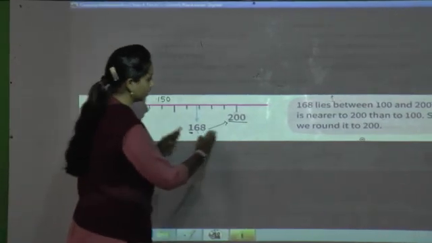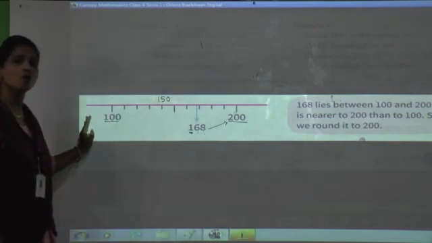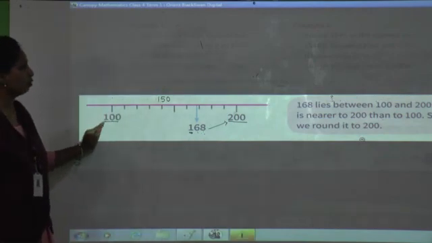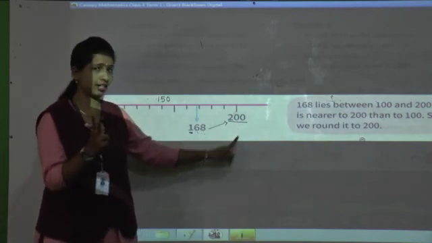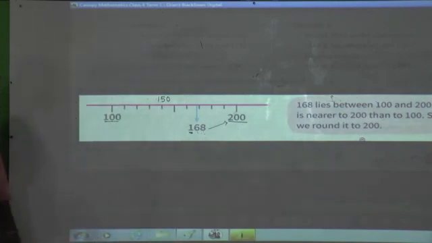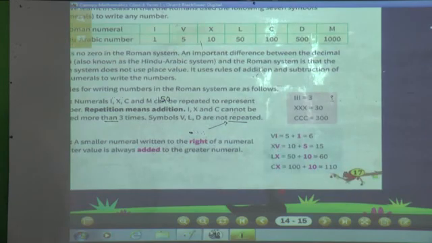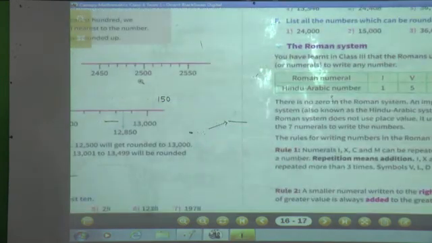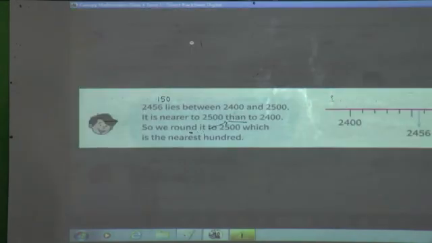So automatically this number is nearer to 200 than 100. So we round it to 200. Understood? Clear? Yes. Let me explain the next example on page number 15. Open page number 15. Let us see.